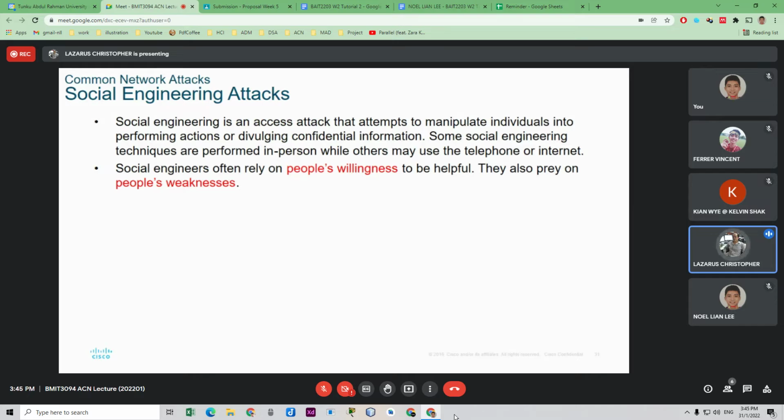Sometimes people just pretend to be some kind of authority, maybe a technician or an engineer doing something about maintaining the system. And then you say, oh, maybe your password is compromised. Can you tell me? I'll check whether your password is compromised.